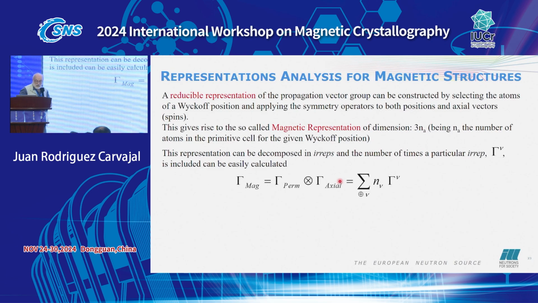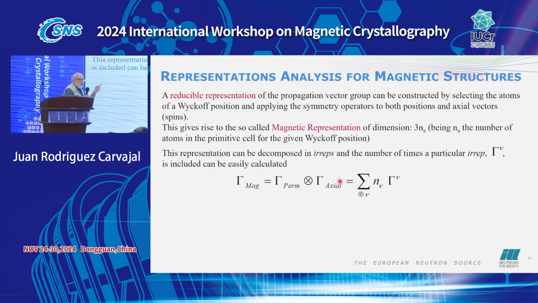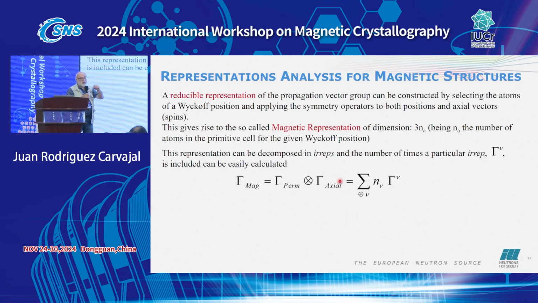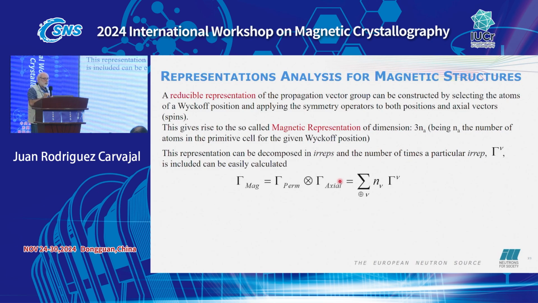And then the permutation is the atom 1 transformed to atom 3, the atom 2 transformed to atom 1, etc. You apply it for the particular element. We will see that in detail when we look at the output of BasIreps, just to see how it works.